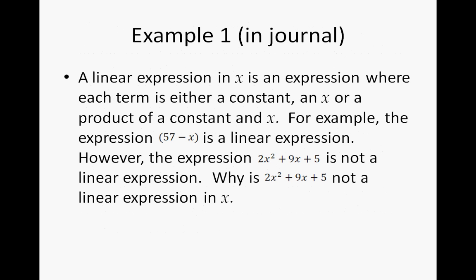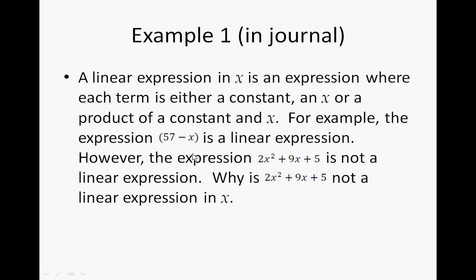Alright, so for example 1, and there are about 4 or 5 examples, and these will be in your math journal. A linear expression in X is an expression where each term is either a constant, an x, or a product of a constant and an x. So for example, the expression 57 minus x is a linear expression because it is a sum of a constant, which is 57, and x.